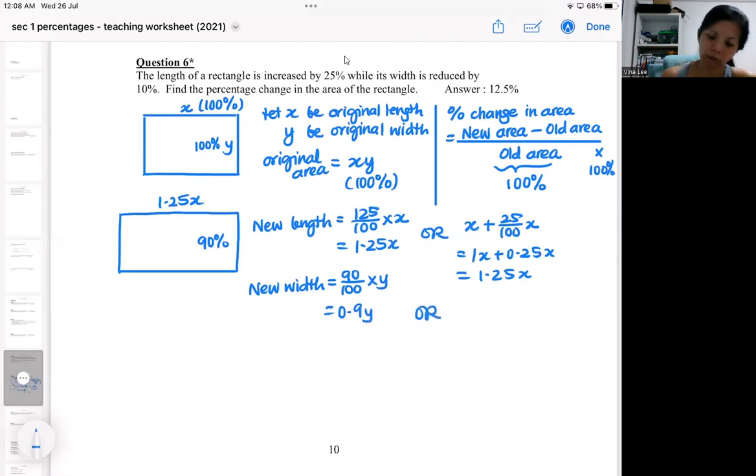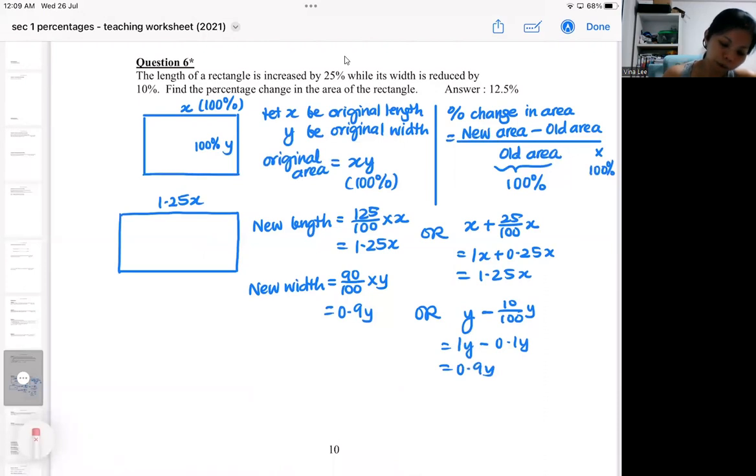Or you can do it this way: from the original width, you subtract 10%. If you do that, you will also get the same thing: 1y subtracting 0.1y, which is 0.9y.